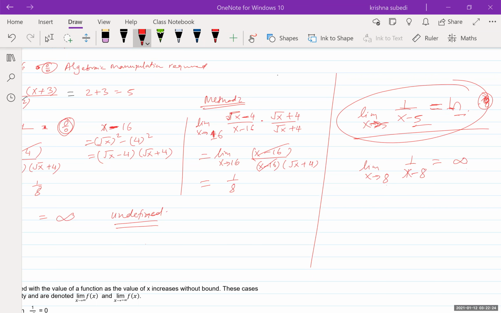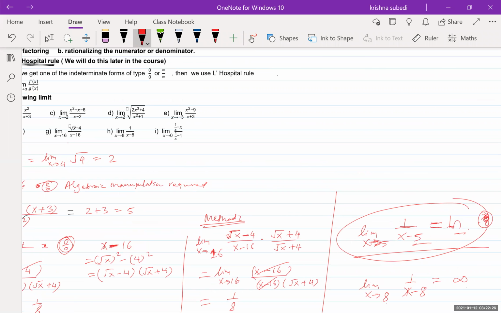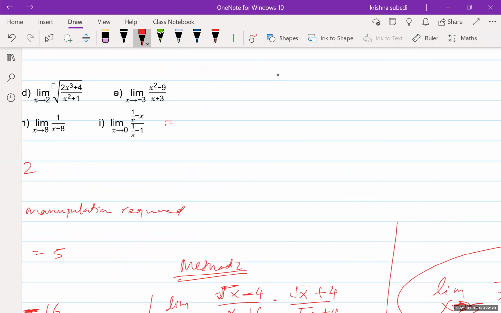All right, so let's work the last question, part I. Limit x tends to 0, 1 over x minus x over 1 over x minus 1. So how do you do that? Well, if you plug in the value, you're going to get 0 over 0. So maybe you can do some algebra. You can think of what algebra comes to your mind.